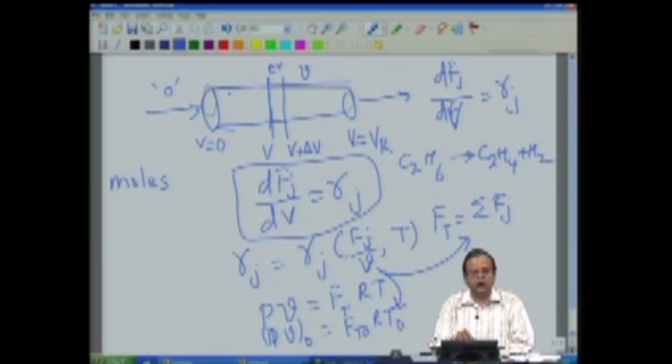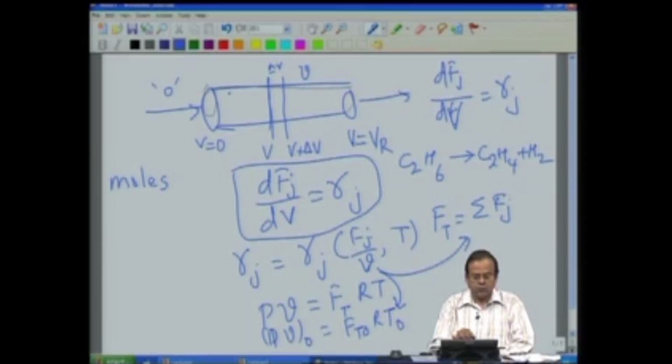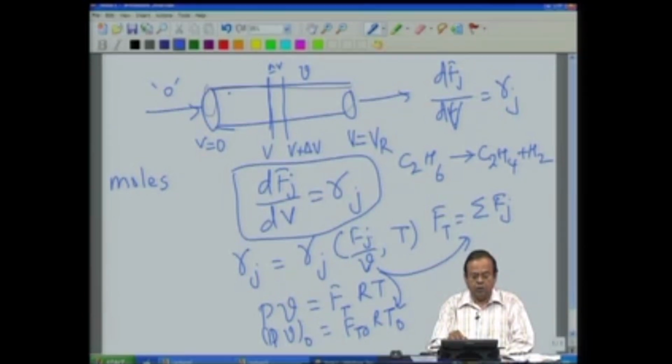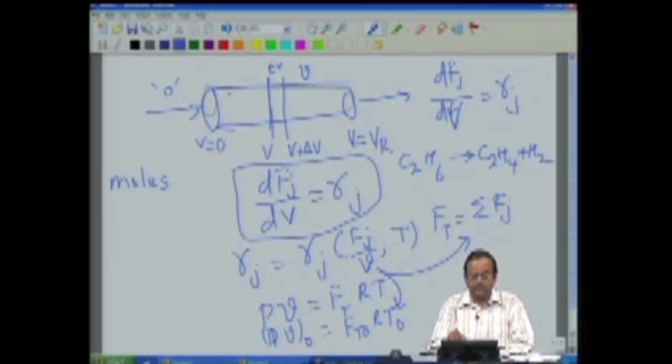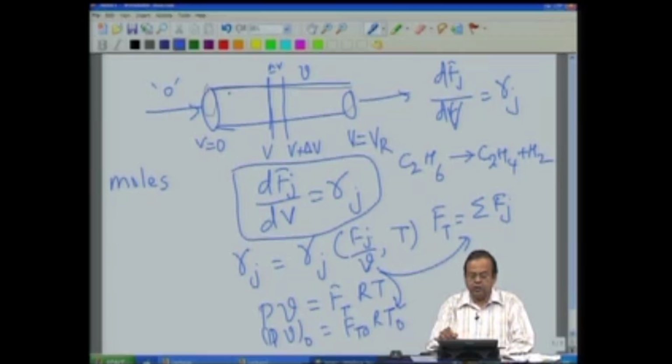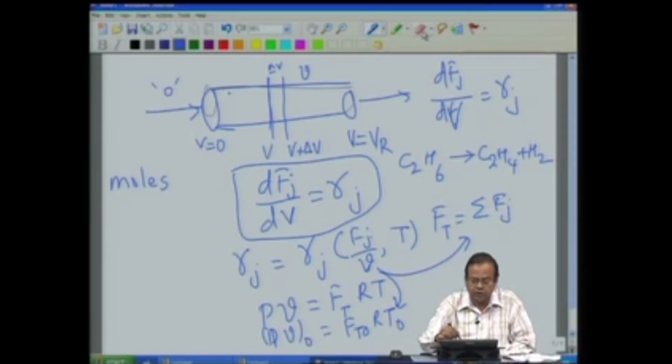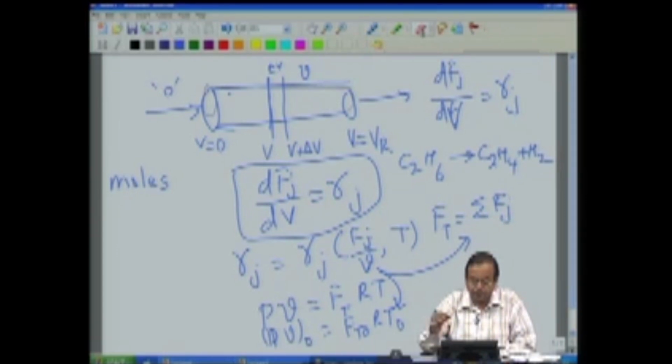Our mass balance equation is dFj/dV equal to Rj. Rate of generation of species j is a function of concentration, which is now expressed as Fj by V, and V in turn is dependent on the molar flow rate Ft, which has also Fj in it, and therefore, this completes the discussion.